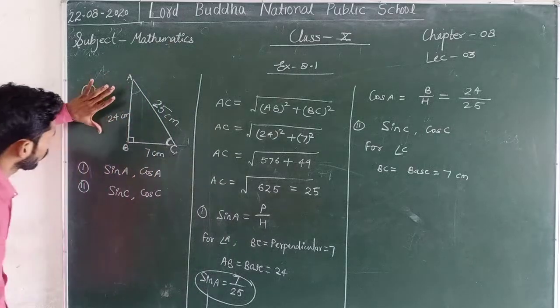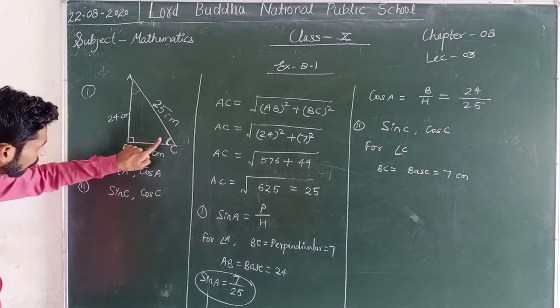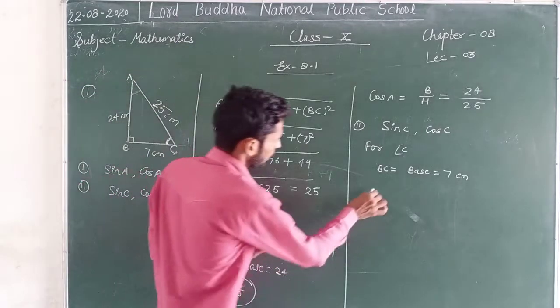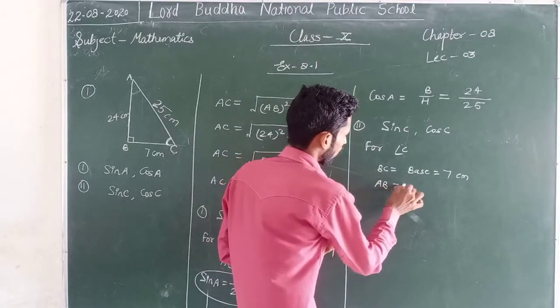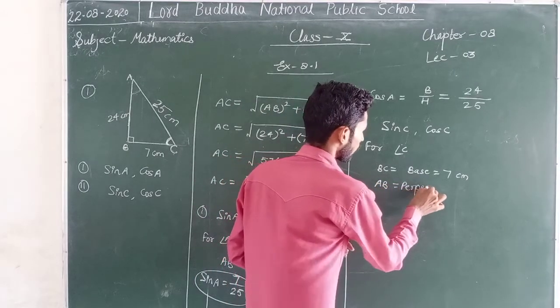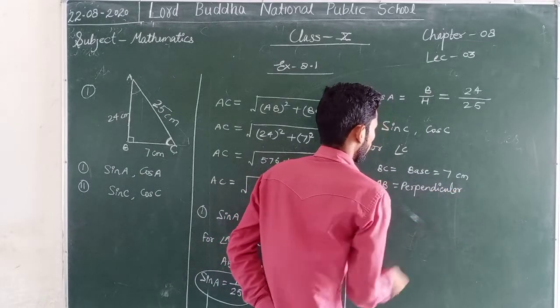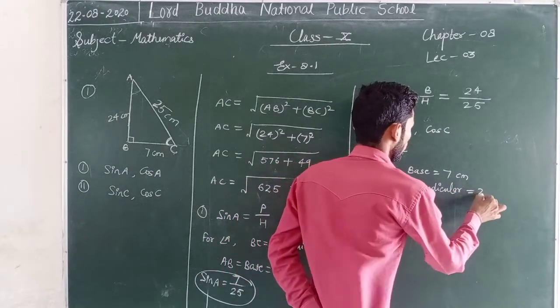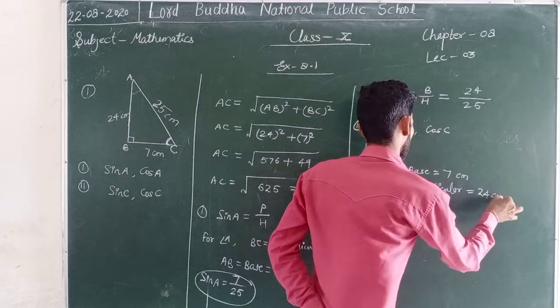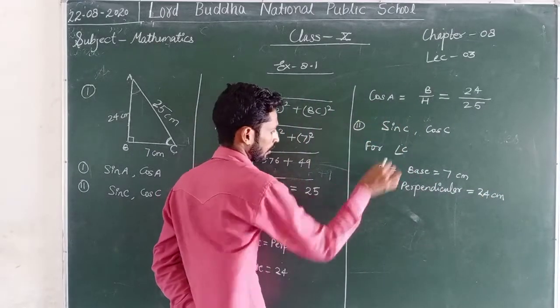Next, AB is the perpendicular for angle C, so AB equals perpendicular equals 24 centimeter.